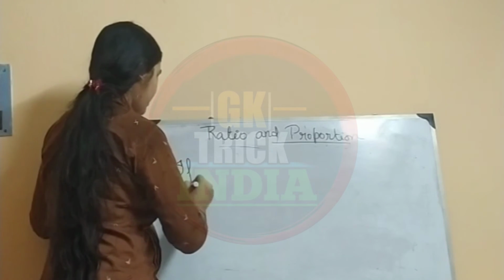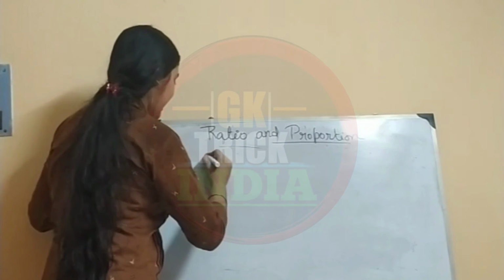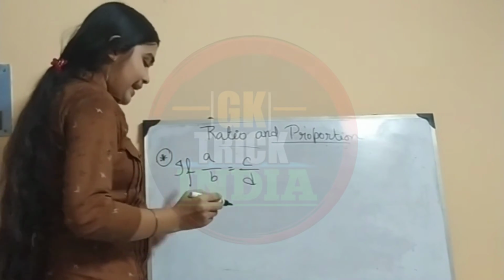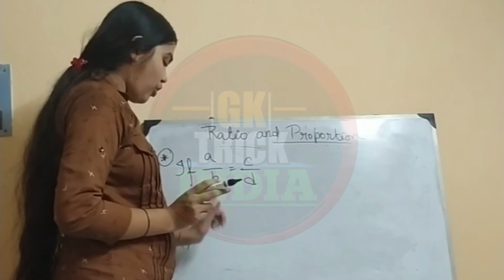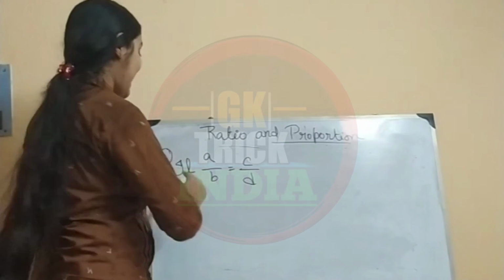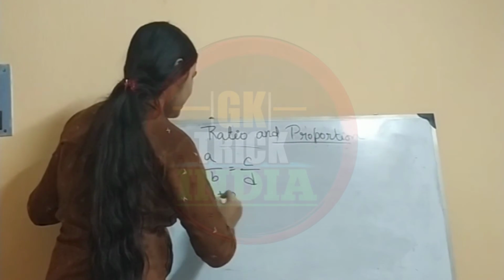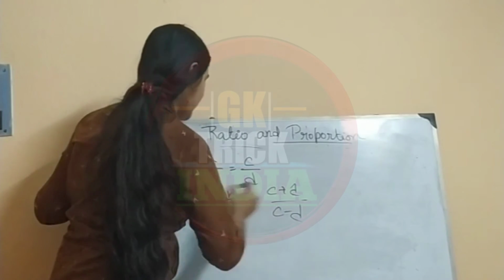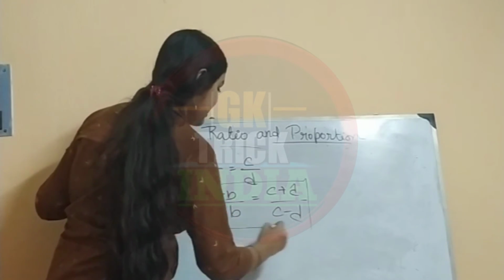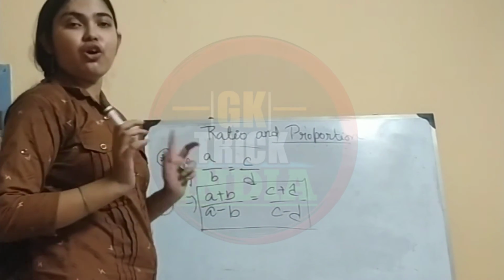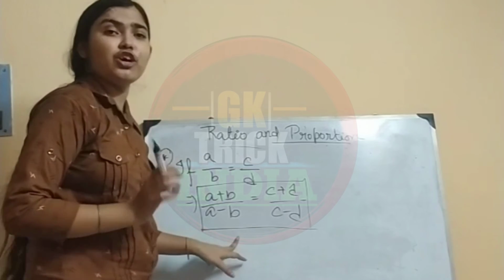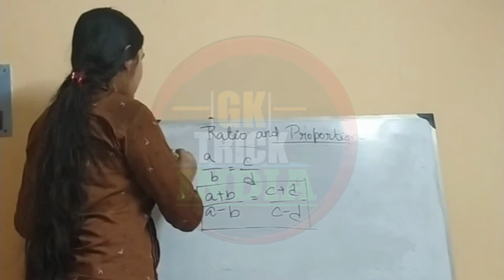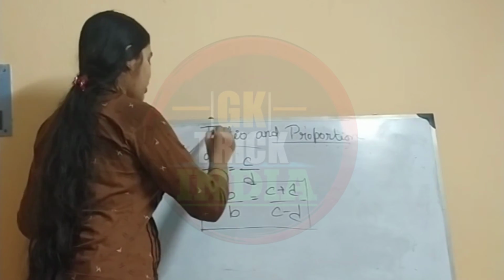If A by B equals C by D, that is A is to B equal to C is to D, then we can apply componendo dividendo and write it as A plus B by A minus B equal to C plus D by C minus D. We can apply this componendo dividendo in ratio also, and it may be helpful in solving some of our numericals. So this is also a thing to be remembered, so note it down also guys.